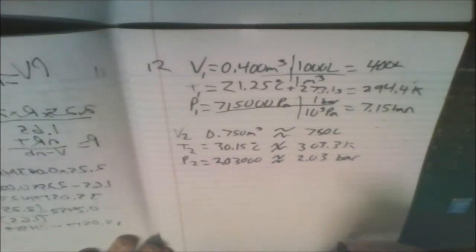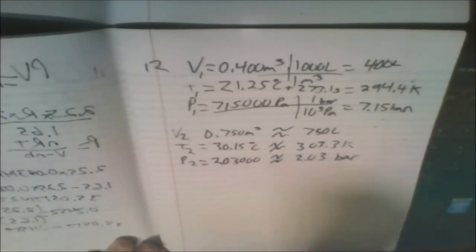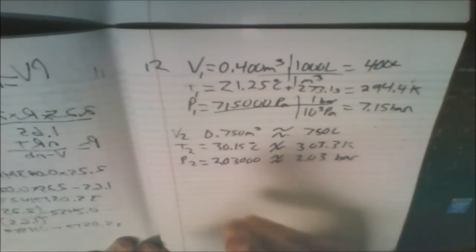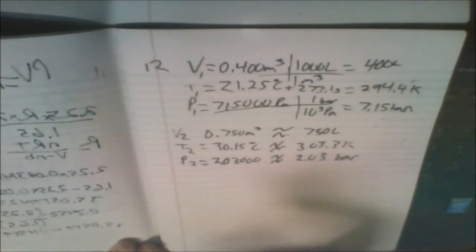Now, to do this, we are first going to determine the moles of each gas individually. We're going to add them up. We need to combine to calculate our new temperature. The temperatures will have changed, so we'll have a new temperature, and we're calculating a new pressure.